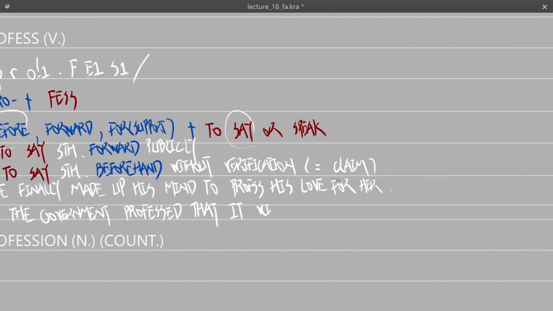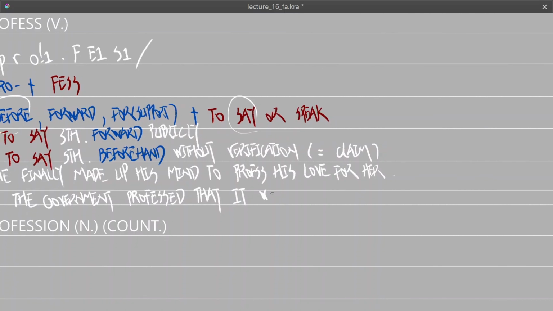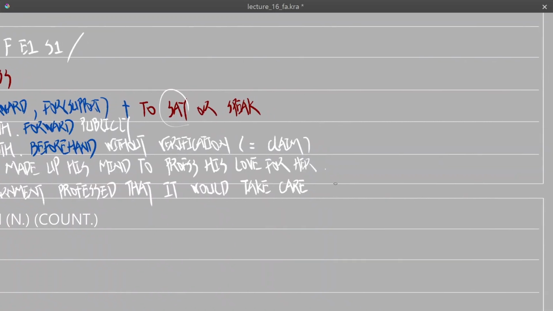Sorry, in the sentence: he would take care about the poor.